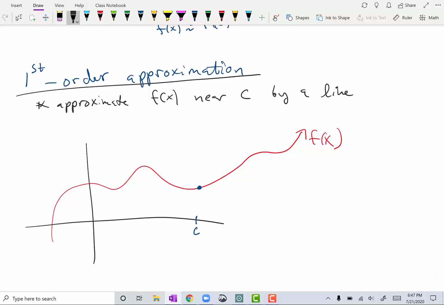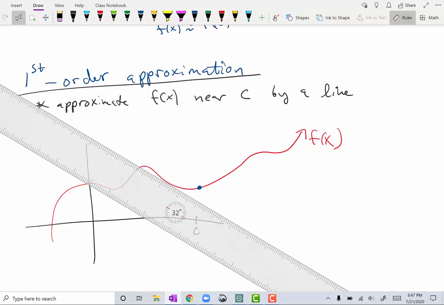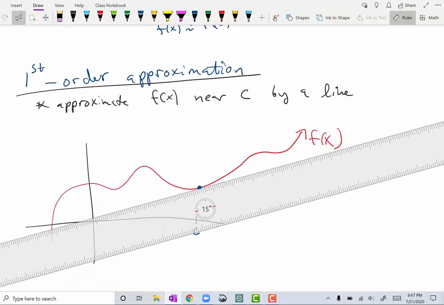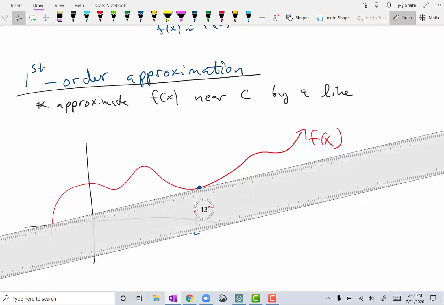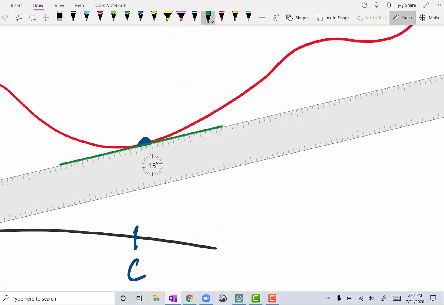So now instead of just being a constant function, we can take any line. And the line that's the best turns out to be the tangent line.